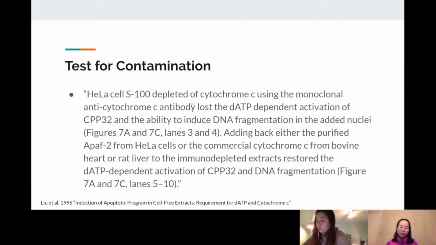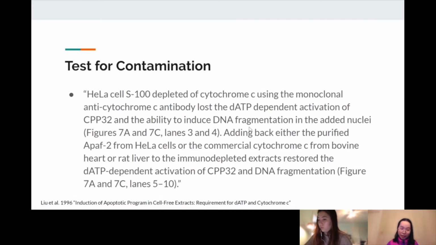So when they found that you depleted the cytochrome C using this specific method of depletion, you lost the dATP-dependent activation of CPP32 and the ability to induce DNA fragmentation.